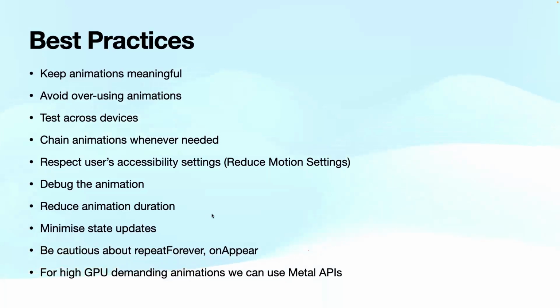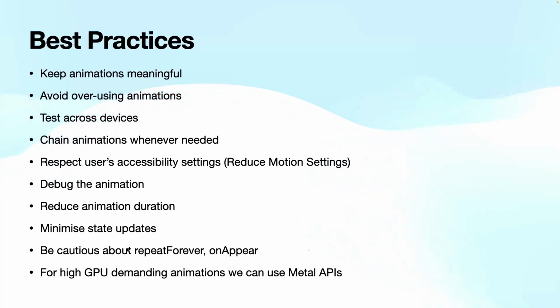And whenever possible, you can reduce the animation duration, because short and simple animations are good. And minimize the state updates, so you need to avoid triggering the animations with frequent state changes. That will be distracting for the users.